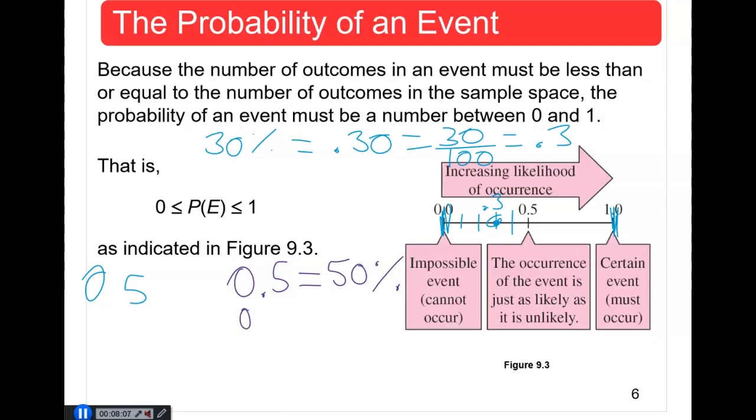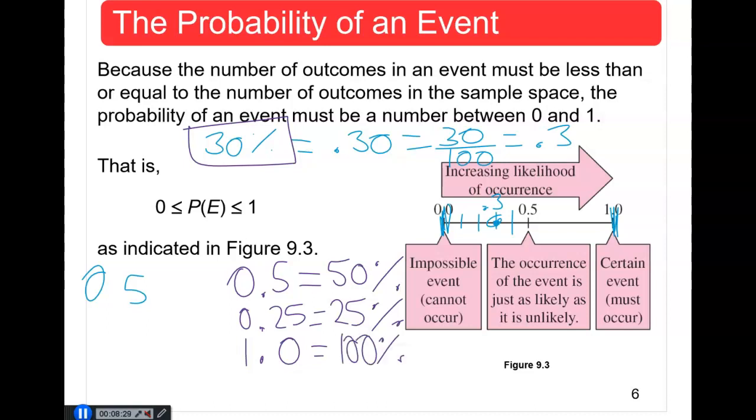And for example, 0.25 will be 25%. So the 30% chance is, of course, bigger than 25, but lower than 50%. And 1.0, let's just call it 100%.